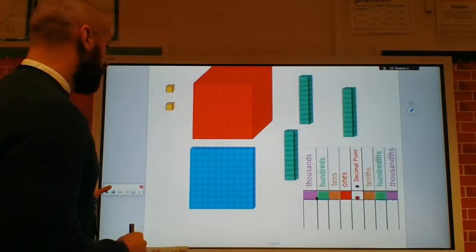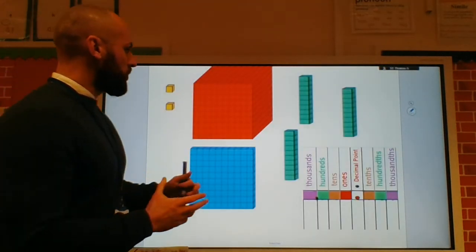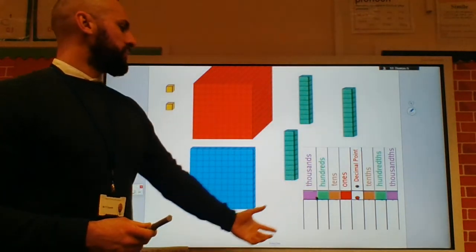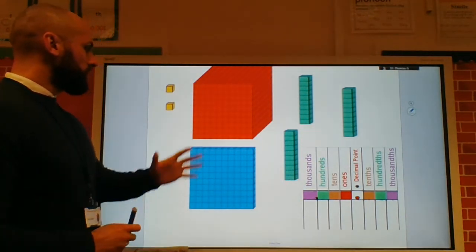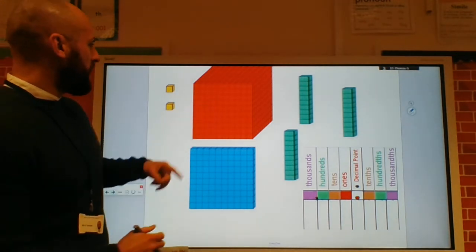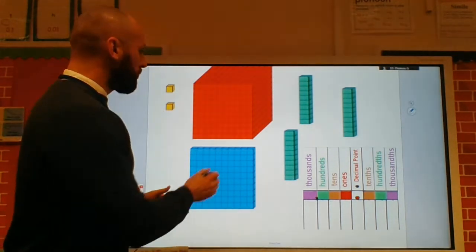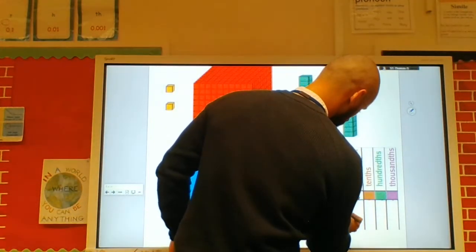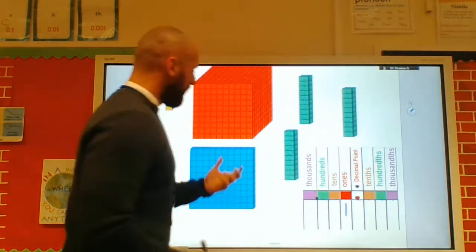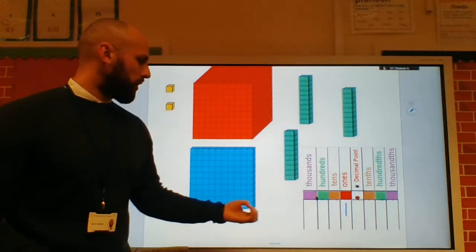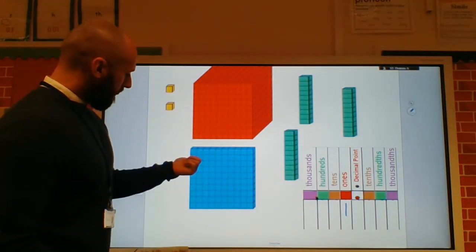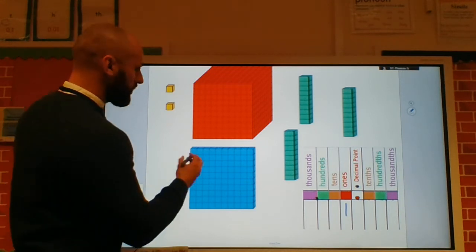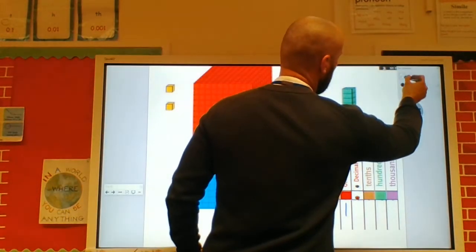So here, you're going to be asked questions like this today. Can you write what number is represented here? So I'd start with the largest. Well, that there, that's 1 whole because it's 1,000 thousandths. So I can write that in. I have 1 whole. And the rest of these are parts to the whole. Well, how many do I have here? This is the next largest.